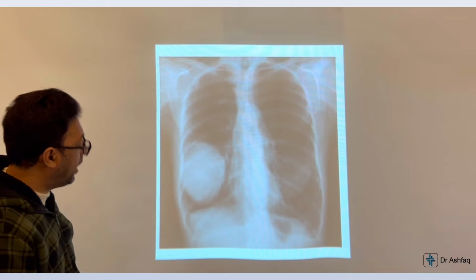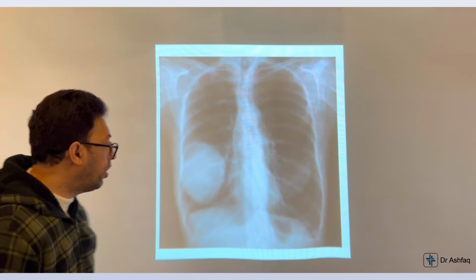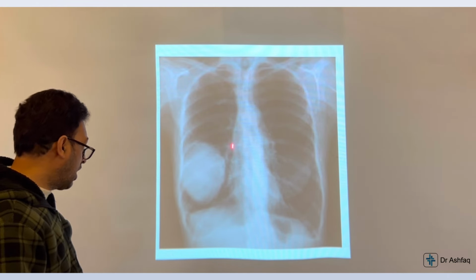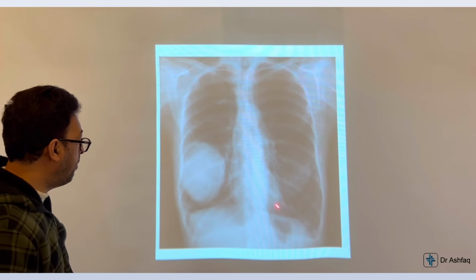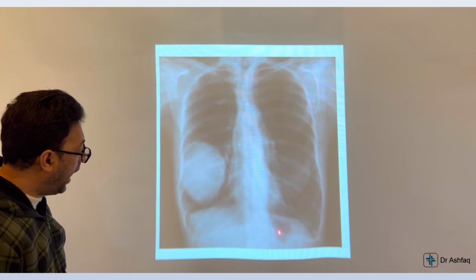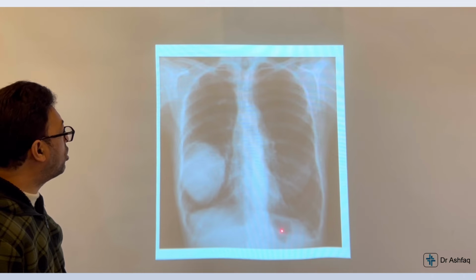As far as the radiograph of the chest is concerned, that has already been detailed: this is in the center, the trachea, this is the right border of the heart, this is the left border of the heart, this is the right hemidiaphragm, this is the left hemidiaphragm. You see this shadow, the gas below the diaphragm on the left side, which is usually the gas in the fundus of the stomach.